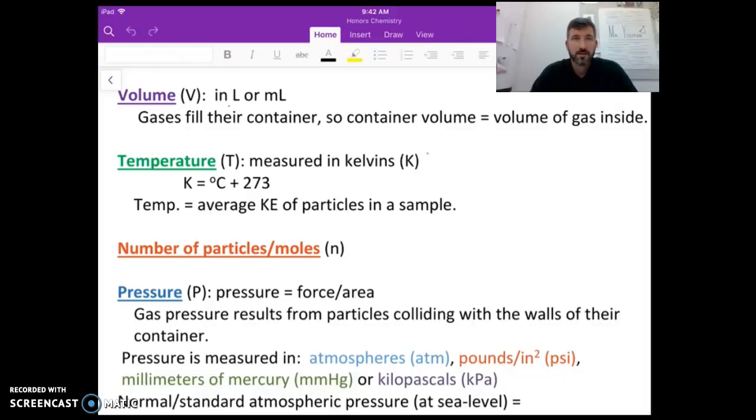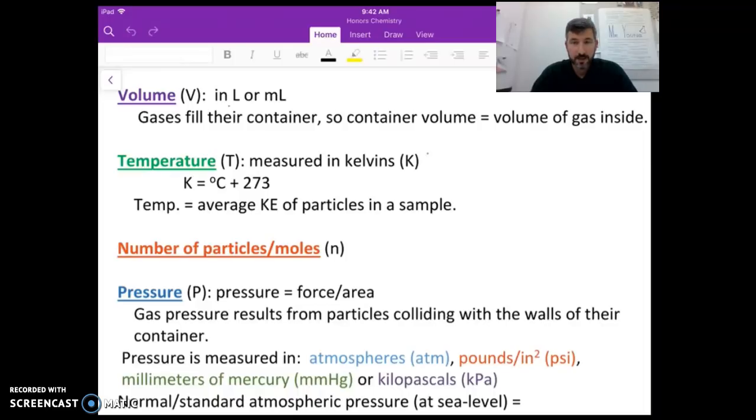The Celsius scale is completely based upon the freezing point and boiling point of water. So that's why water freezes at 0 degrees Celsius, because that's what they base the Celsius scale on, the freezing point of water. Water boils at 100 degrees Celsius. Because again, they base the Celsius scale on the freezing and boiling points of water.